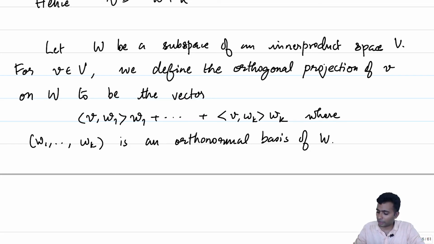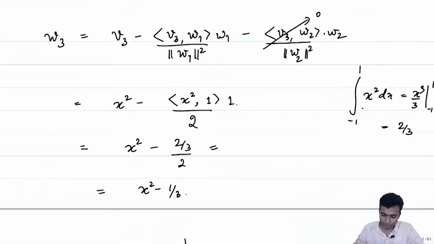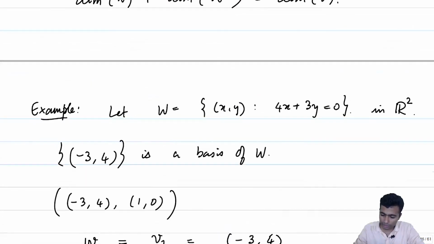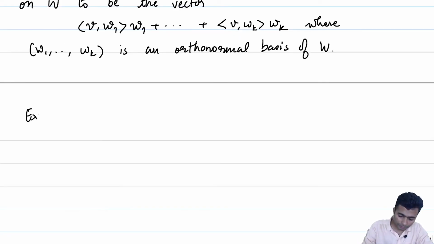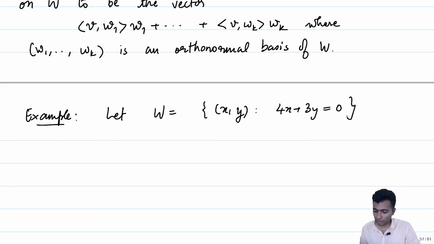So let us look at maybe an example. Let us take the simpler one. Let us look at the orthogonal projection of some vector onto say W. So example, let W be equal to the same example as above, the set of x comma y such that 4x plus 3y is equal to 0. And what is a basis of W?